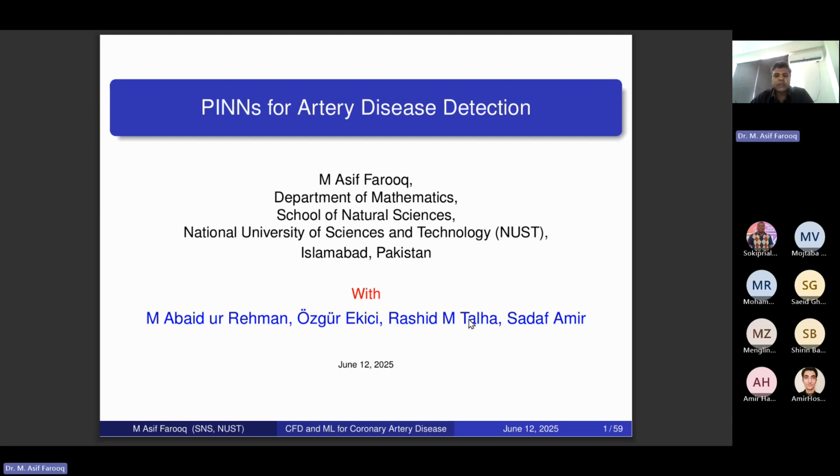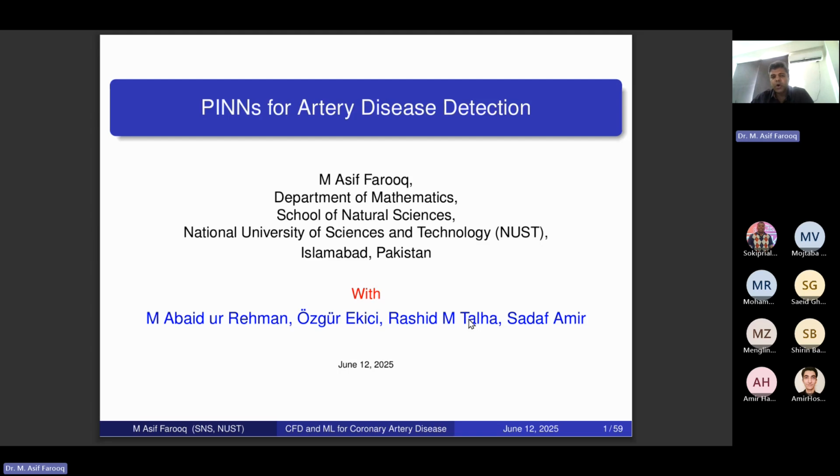So recently, as everyone knows, with the emergence of machine learning, the scientific community moved into machine learning to try to minimize the computational cost and the time consumption.